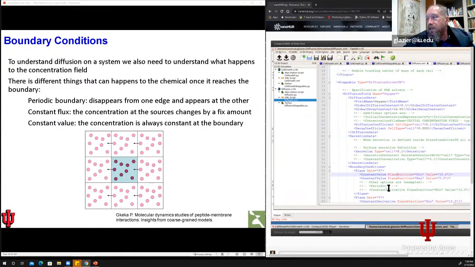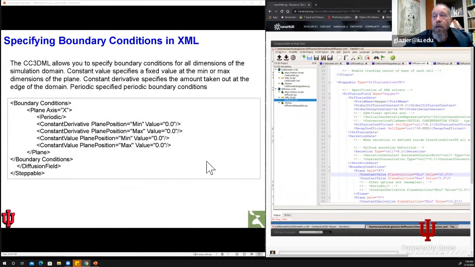I can have constant flux or periodic boundary conditions. And so I'm going to have to make choices on all of those in each direction. And so that looks like this. And each one of those is going to have quite big differences in the results.